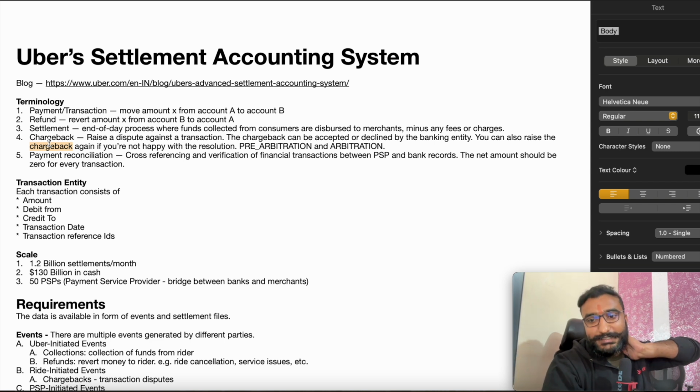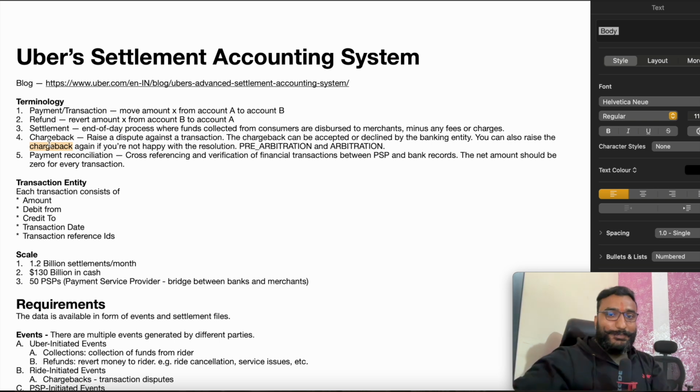If it is declined by the merchant or the banking entity, you can re-raise the dispute, saying you're not happy with the resolution. This is done in two steps, pre-arbitration and arbitration. First you raise pre-arbitration, and if it's declined, you can raise it again, which is called arbitration. If it's declined after arbitration as well, then you can't have that money.